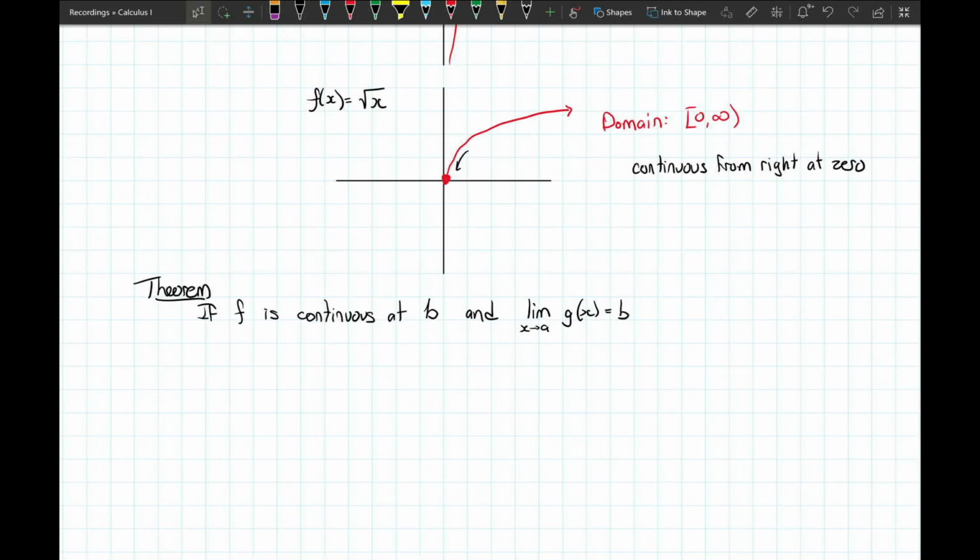For this theorem, we're going to start off with two conditions. One is that f is continuous at some number b, and two, that the limit of g of x as x approaches a is equal to that number b.